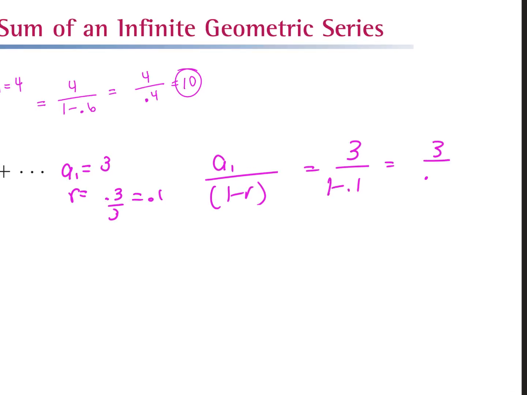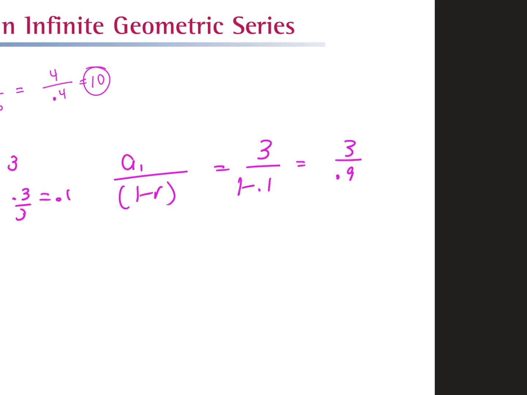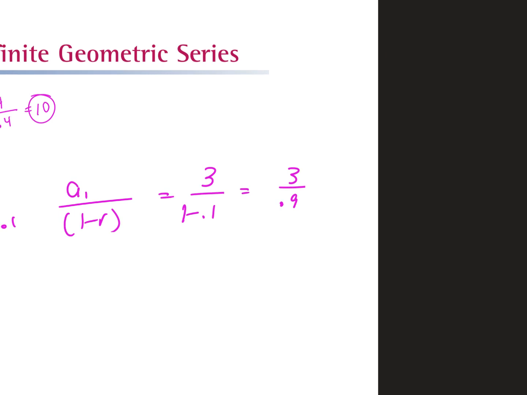So I have 3 over 0.9. What's 3 divided by 0.9? What'd you guys get? Throw it in your calculator. It's a decimal, so go ahead. 3 point what? Yep, 3.33. That's fine. If you have decimals in your problem, decimals in your answer is perfectly acceptable.